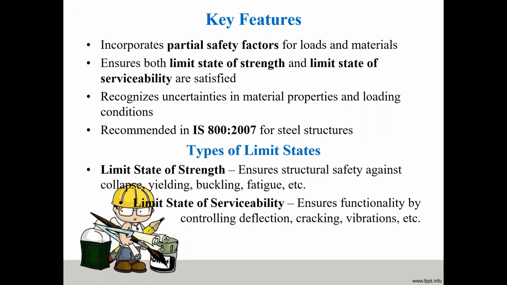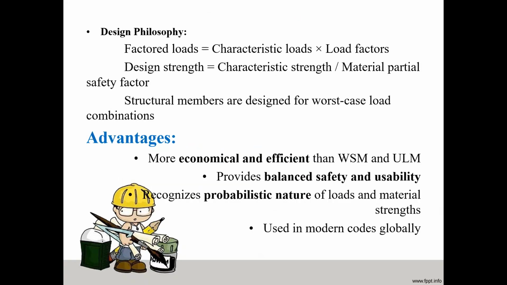The types of limit state methods are limit state of strength and limit state of serviceability. In limit state of strength, ensure the structural safety against collapse, yielding, buckling, fatigue, etc. In limit state of serviceability, ensuring functionality by controlling deflection, cracking, vibrations, etc.